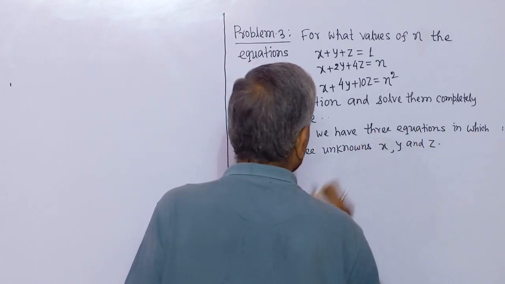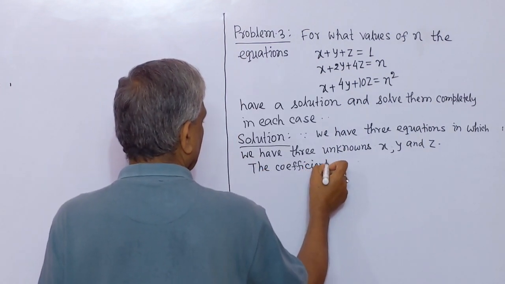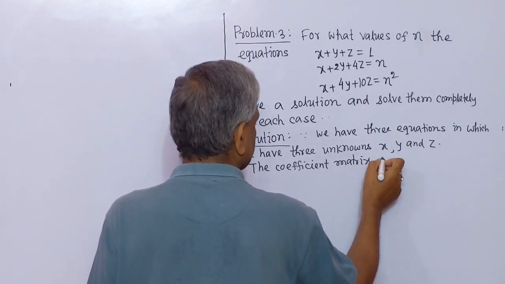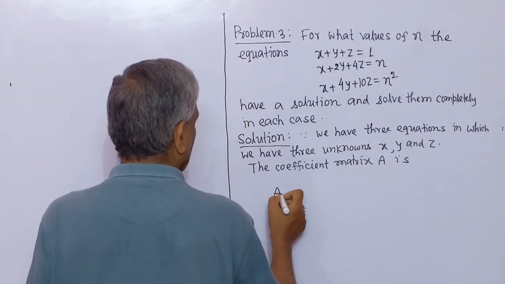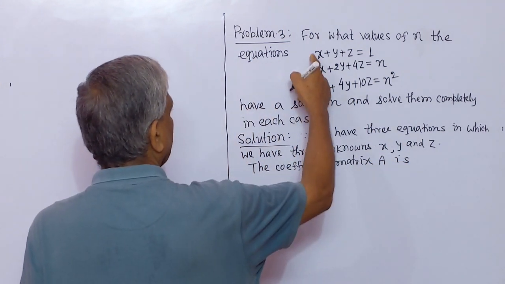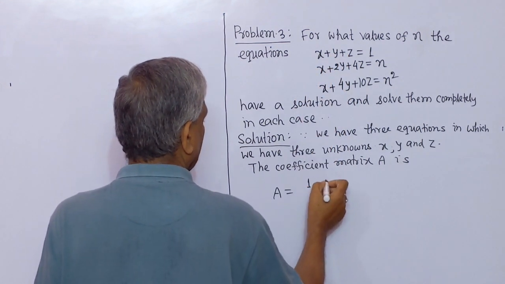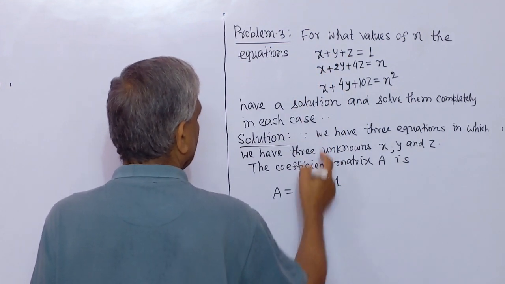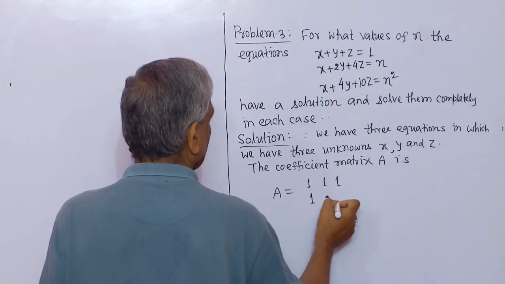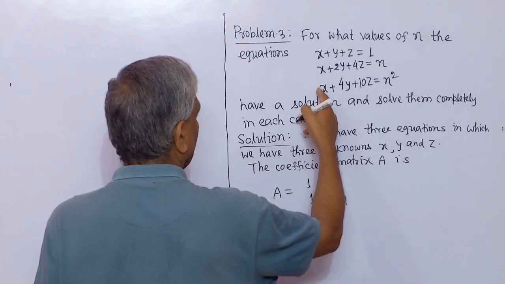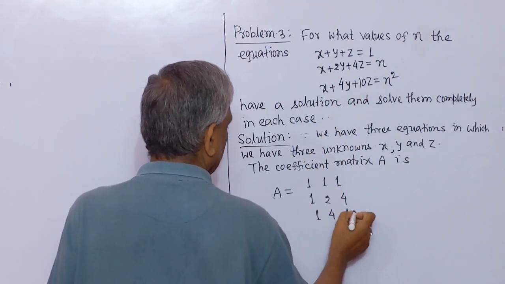The coefficient matrix A is: A equal to, here coefficient 1, 1, 1, here 1, 2, 4, here 1, 4, 10.